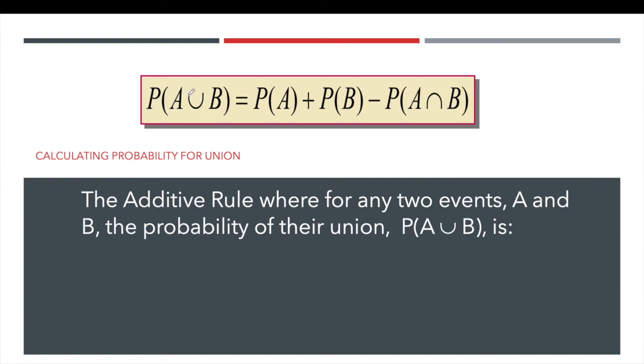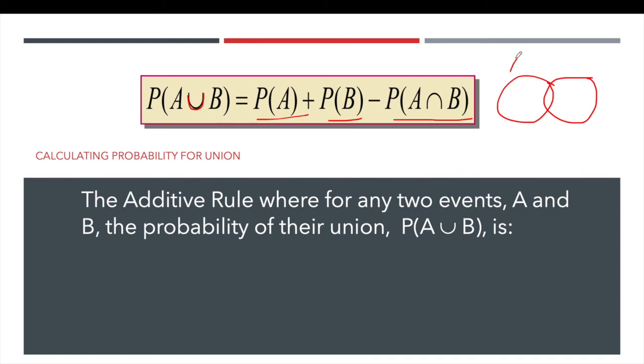So this is the definition of how to calculate the probability for the unions. The probability of the union of A and B equals the probability of A plus the probability of B minus the probability of A intersection B. I mean to say, this is A, this is B, for example.